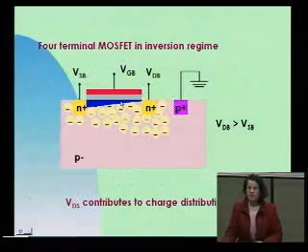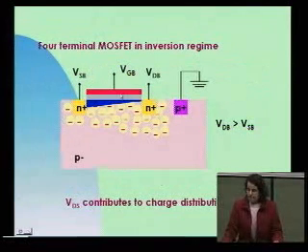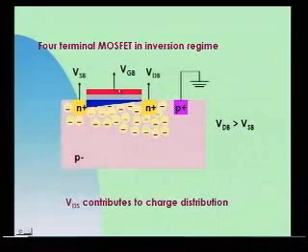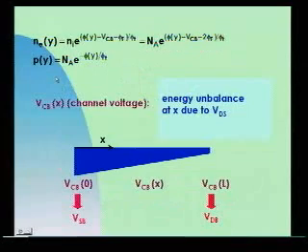But I will do this for the four-terminal MOSFET, where I must also take into account the control of the charge by VDB and VSB. Sure. How can I do this? I will use the gradual channel approximation.